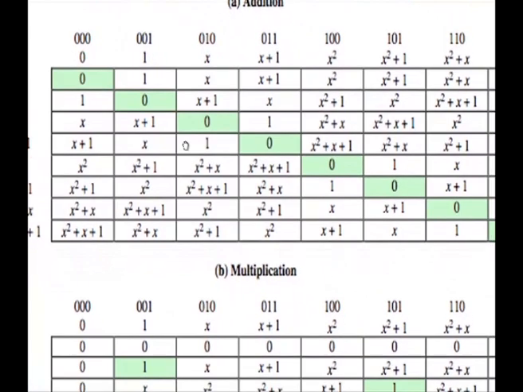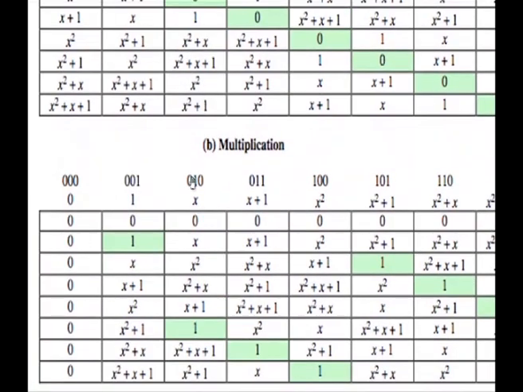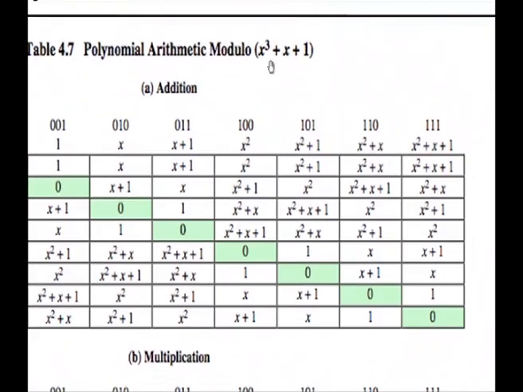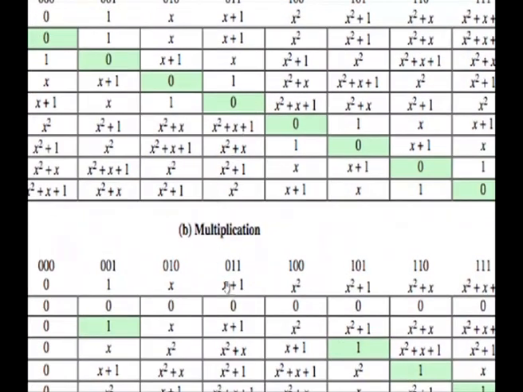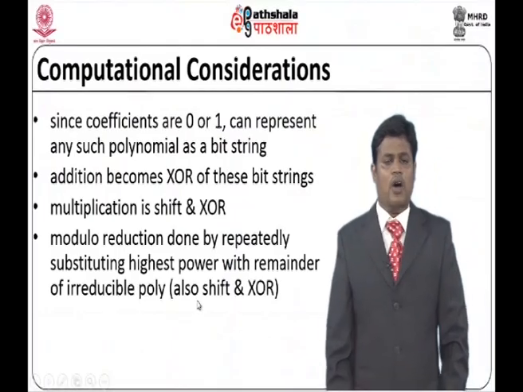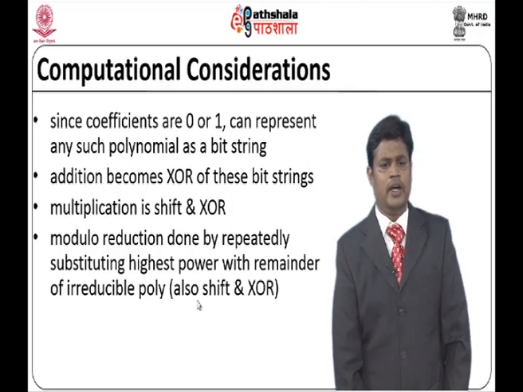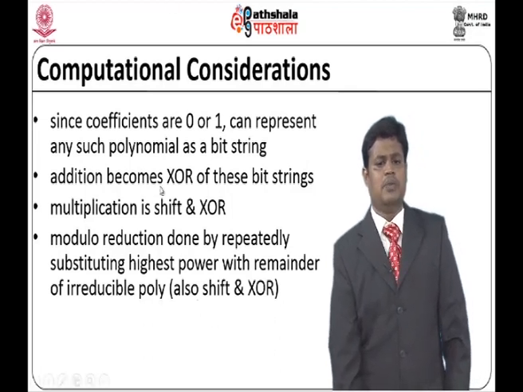Now we are going to perform addition and multiplication over this particular field. We are going to generate the field with the help of the irreducible polynomial x cube plus x plus 1. How do we perform addition and multiplication with respect to polynomials? We already know that in the case of addition of two polynomials, we perform an XOR operation, so addition becomes XOR of these bits.